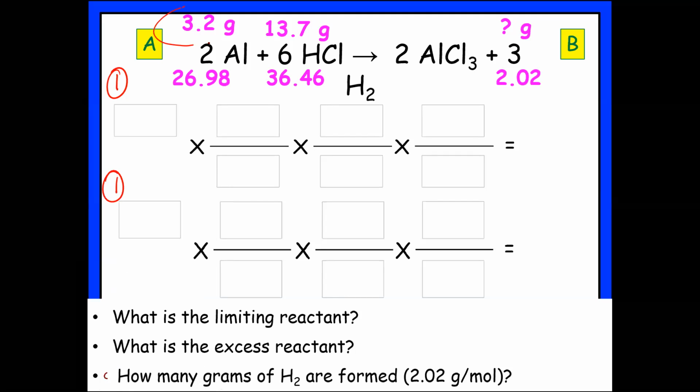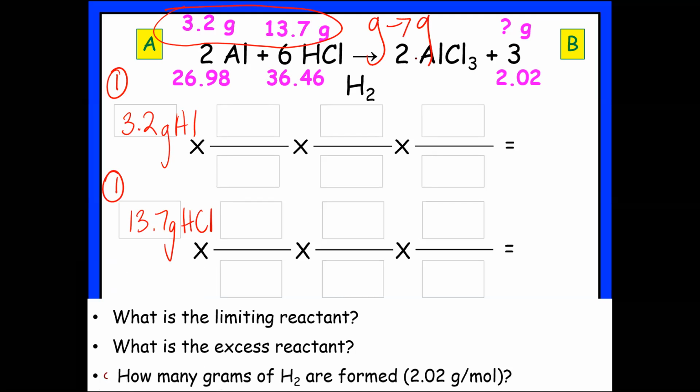Our given is these two, the 3.2 and the 13.7, and then grams of HCl. Okay. And then these are grams to grams questions.